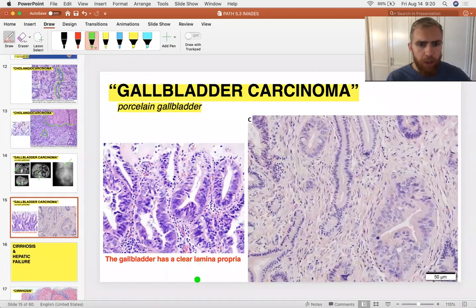And visually, gallbladder carcinoma looks very similar to cholangiocarcinoma, meaning the cancerous cell is this cuboidal epithelial cell. Maybe a little bit more columnar in the gallbladder, but really what helps me set this apart from cholangiocarcinoma is the lamina propria of the gallbladder is similar to the lamina propria of, say, the intestine or the stomach. Especially right here in this image.